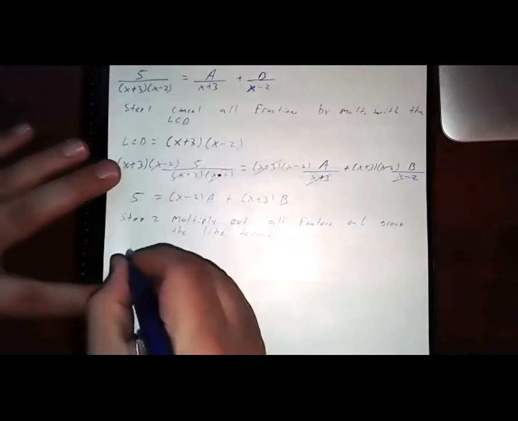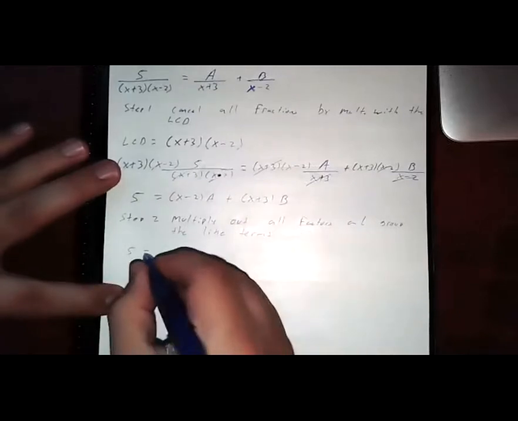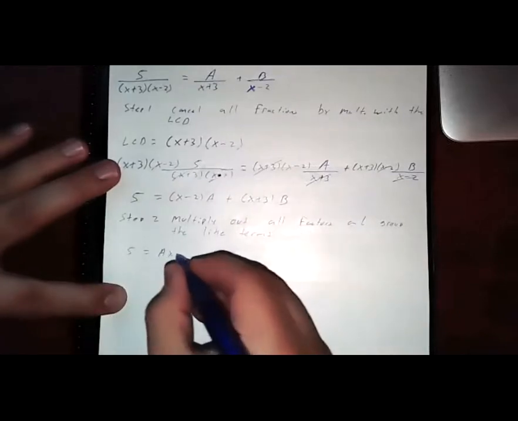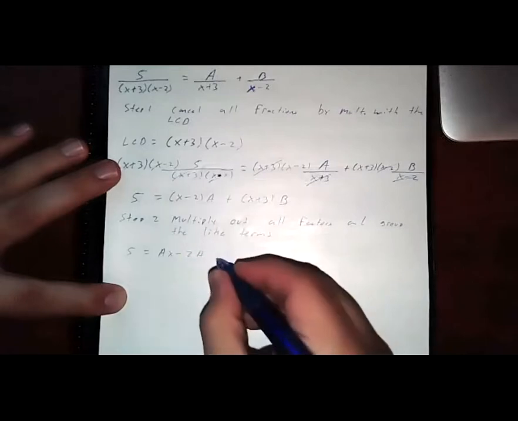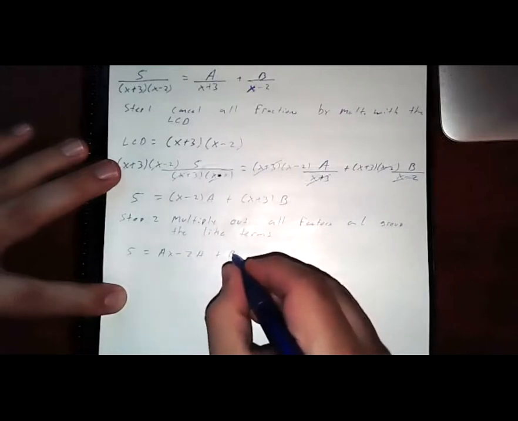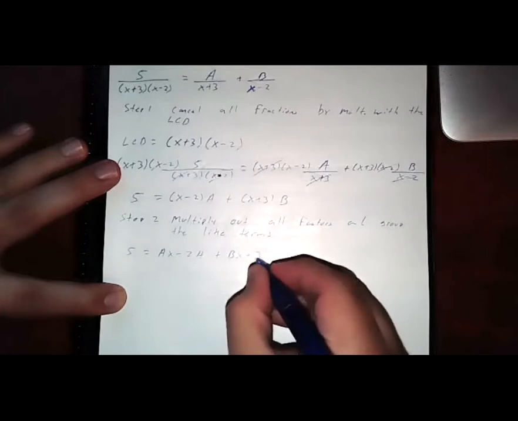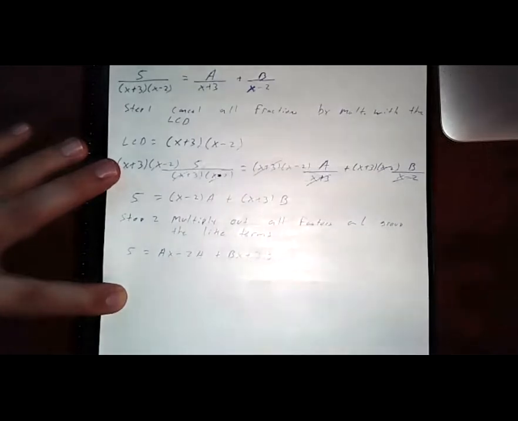Okay, so you're going to multiply that a in, giving you ax minus 2a plus bx plus 3b. So all I did was distribute the a inside. See what I'm saying? Just in here. That's all we did. Nothing special.